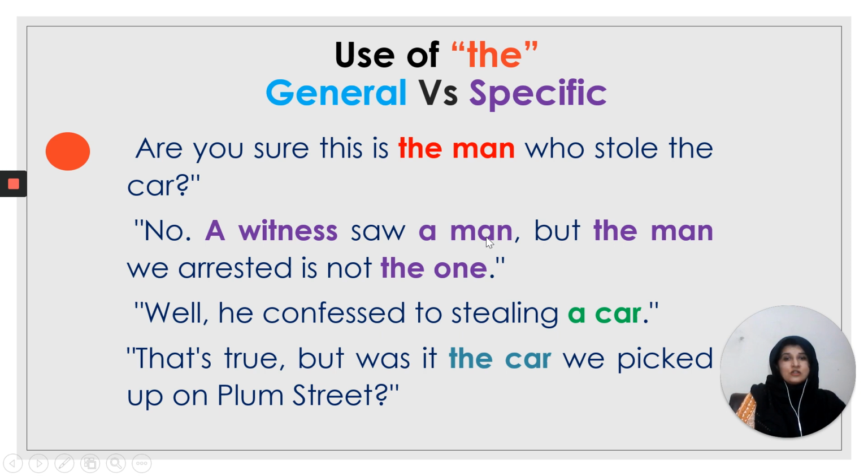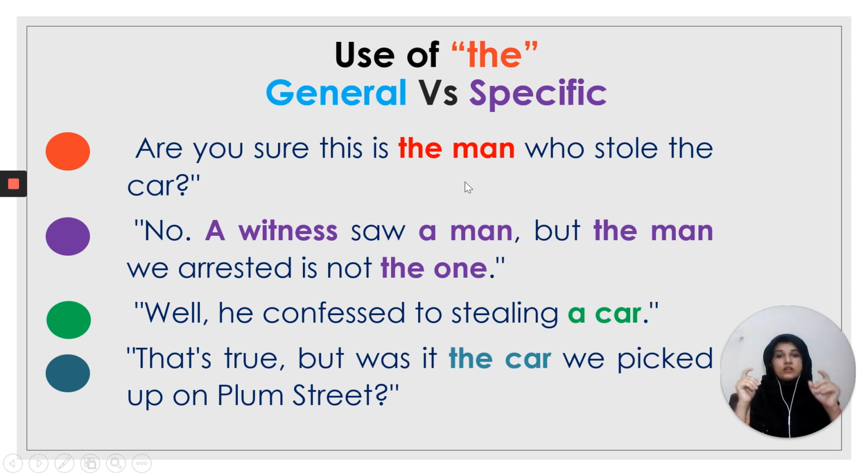Okay, let's look at this dialogue, and I'm sure this dialogue will give you a much better understanding of general versus specific. This dialogue is between two friends. The first one says, "Are you sure this is the man who stole the car?"